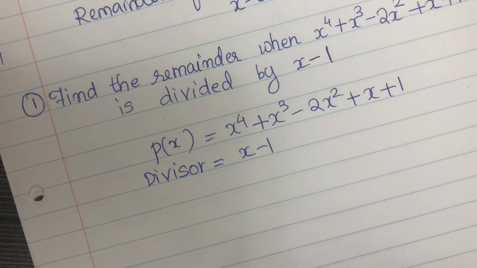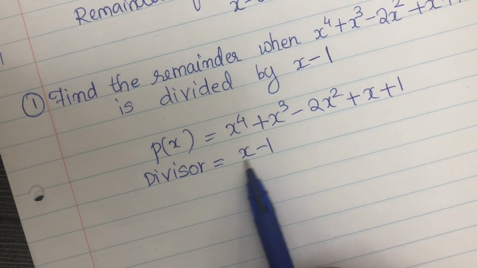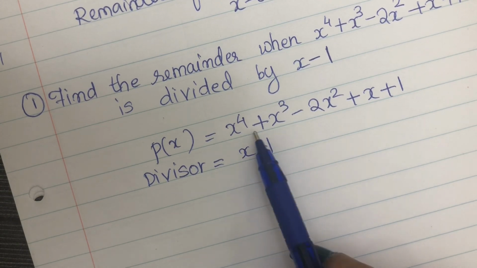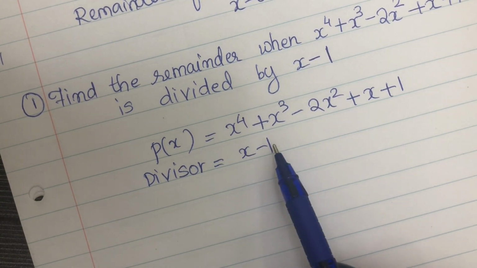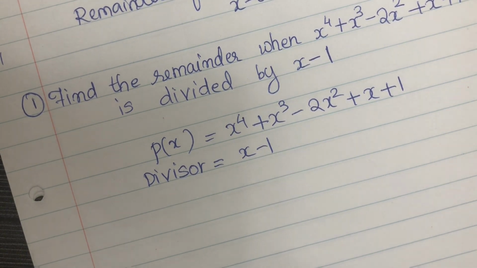See here, x minus 1 is a linear polynomial. So our p of x is divided by the linear polynomial x minus 1. So how will we find the remainder of this?